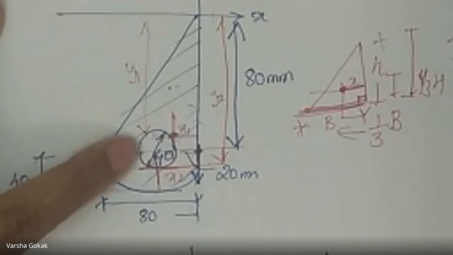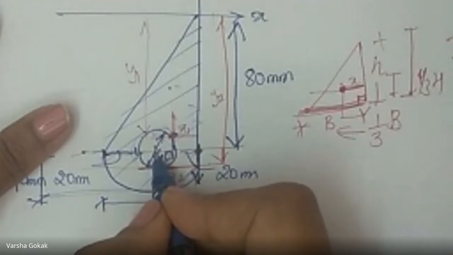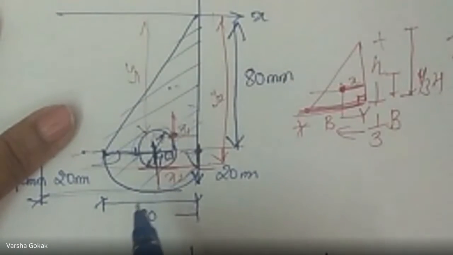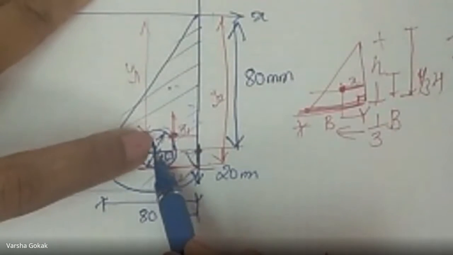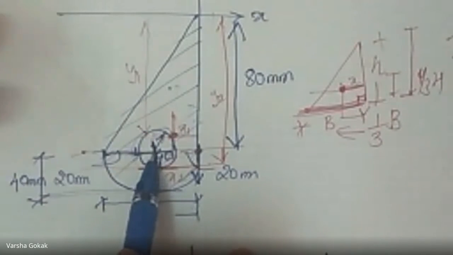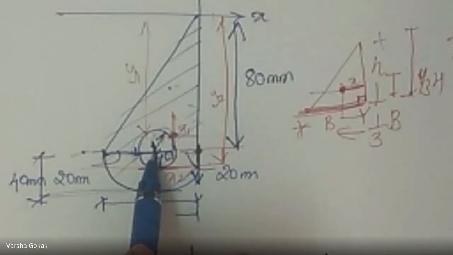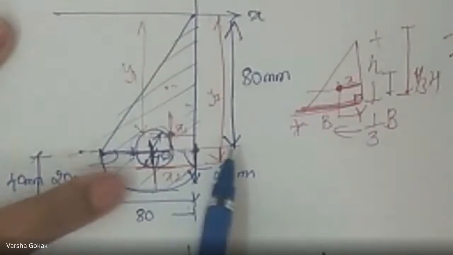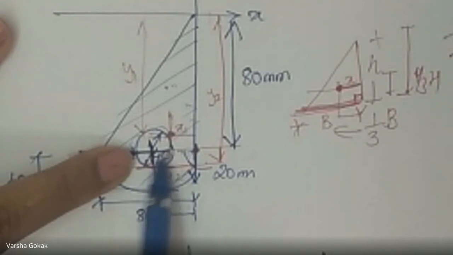Now x3. Look at this figure. Circle is here, its CG is here only, exactly at the center. Center of the circle is the CG point, right? So x is from here to here. How much is this distance going to be? From here to here. 20 plus 20. Correct, 20 plus 20. This external 20 and this is d by 2, right?